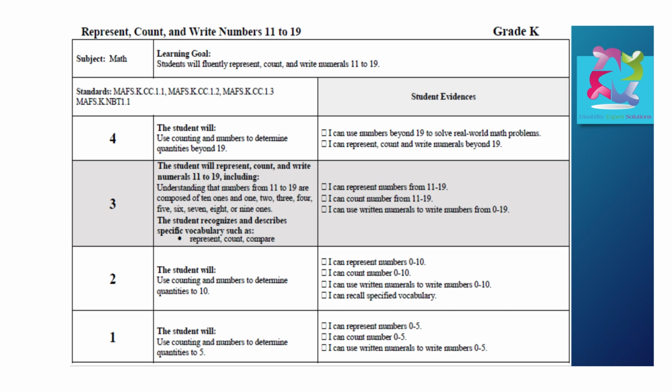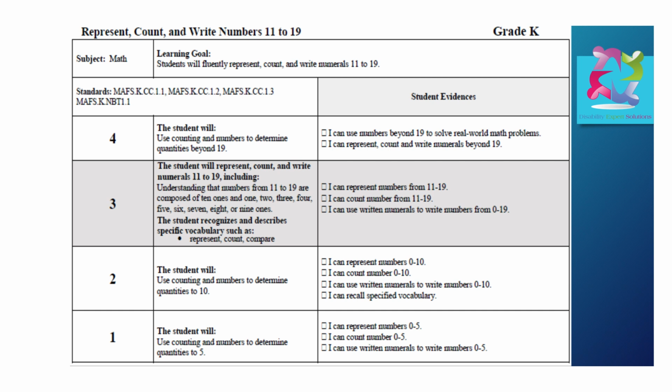I can count numbers 0 through 5. I can use written numerals to write numbers 0 through 5. Then they would work themselves all the way up until proficiency, which would be I can represent numbers from 11 to 19, I can count numbers from 11 to 19, and I can use written numerals to write numbers from 0 to 19.